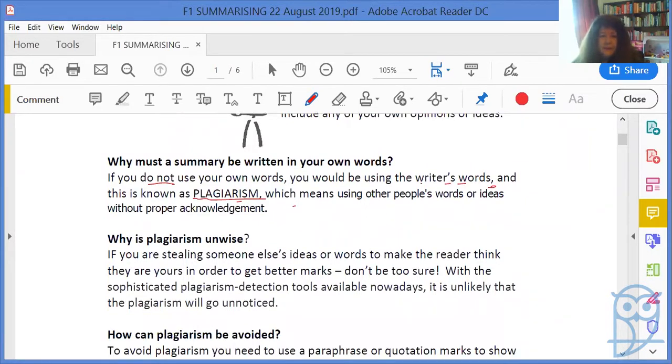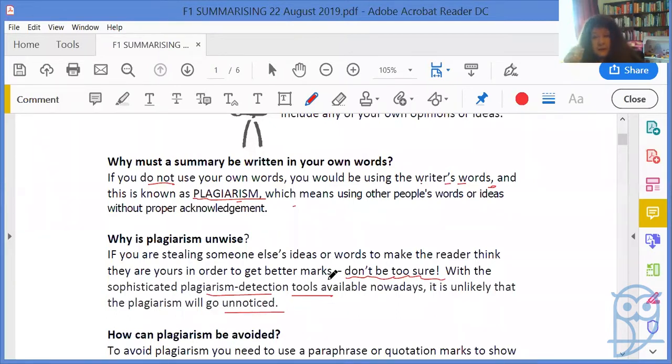Why is plagiarism unwise? If you are stealing somebody else's ideas or words to make the reader think they're yours in order to get better marks, don't be too sure. Why? Because there are very sophisticated plagiarism detection tools available on programs, on the internet, on apps, and it's unlikely that plagiarism will go unnoticed.